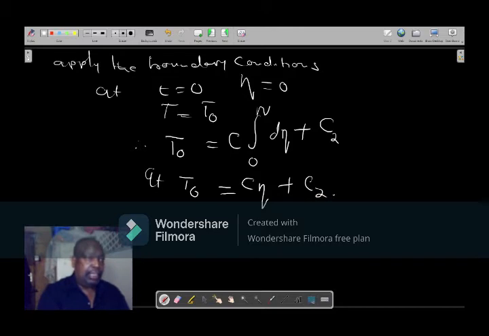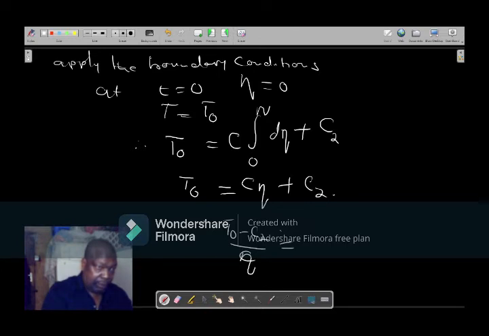That is by integrating d eta. So we can rub out this. T naught minus c2 over eta is equal to our c.